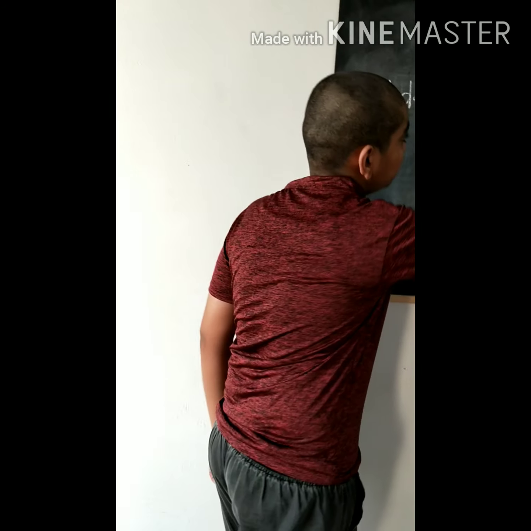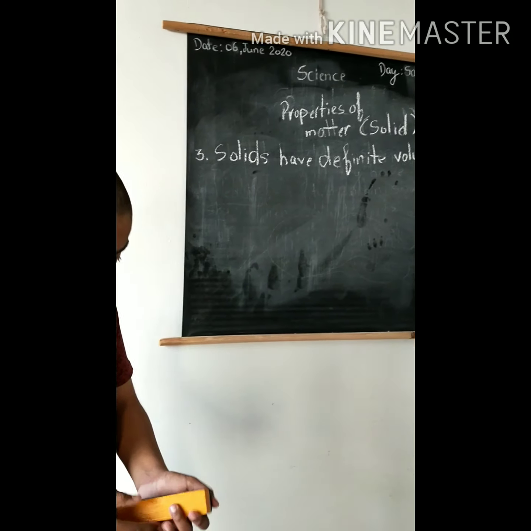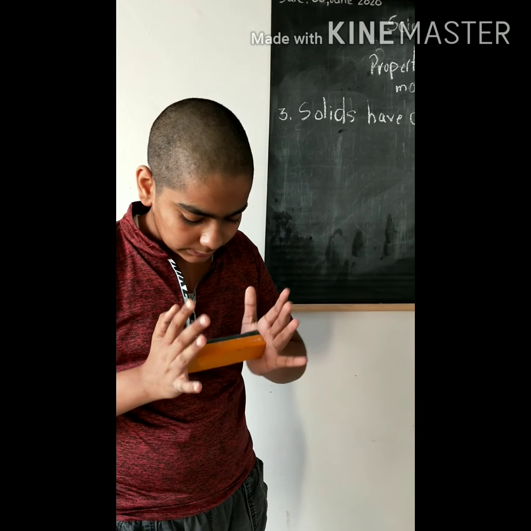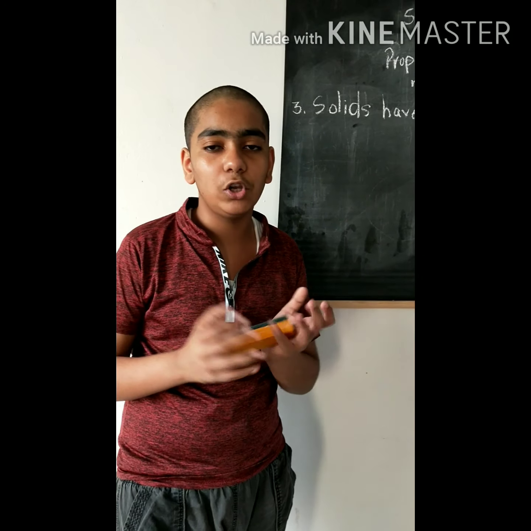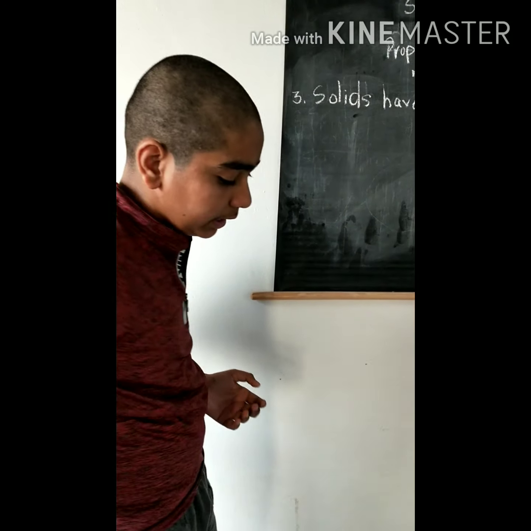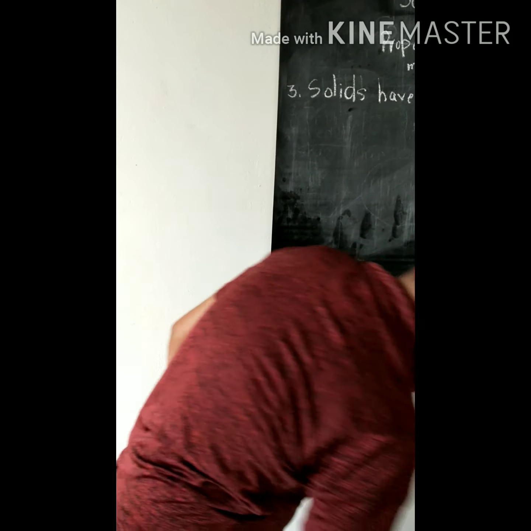The meaning of this statement is the solids have fixed volume. Means like we cannot compress it. It cannot change its volume. Now this is the meaning of third statement, and now I am going to fourth and last statement.